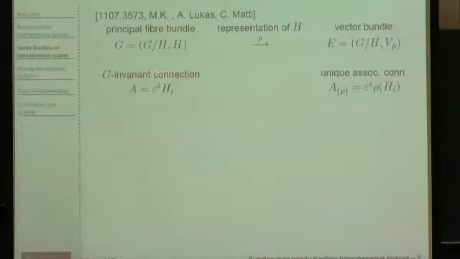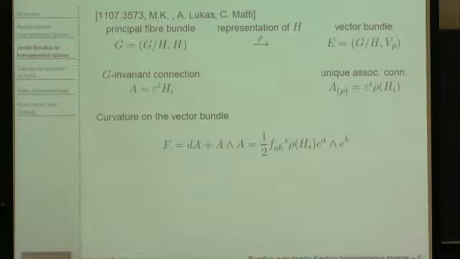Here H_I are the generators of the subgroup H, and epsilon^I will be, on G, the left invariant Maurer-Cartan forms in the direction of H. However, one problem is that from a coset point of view, they're not so easy to write down. But if you compute the curvature, then they drop out. That's good news. We don't have to actually care about them too much, and this simplifies the computations a lot.